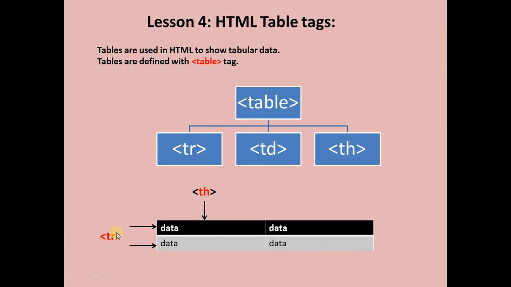The table row tag is used to mention the number of rows in a table, and the table TD tag is used to mention the data within the table, that is, in a cell we need to enter the data. So to enter the data, we need the TD tag.